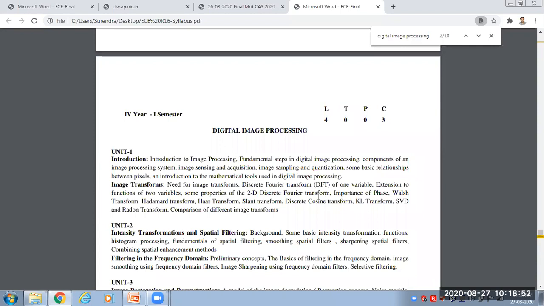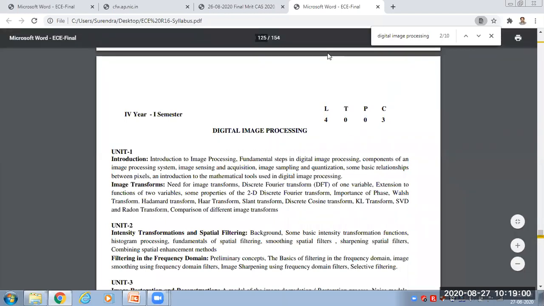Except for these mathematical tools, we have finished all the 6 topics. Now we need to know the mathematical tools.